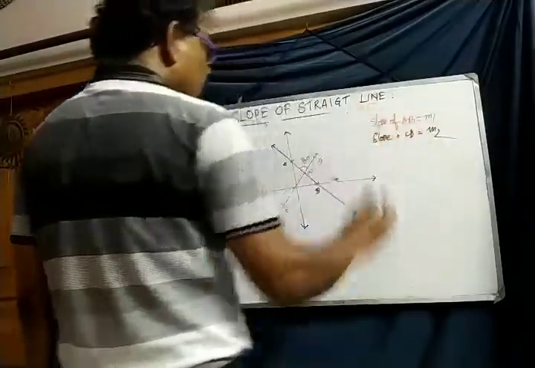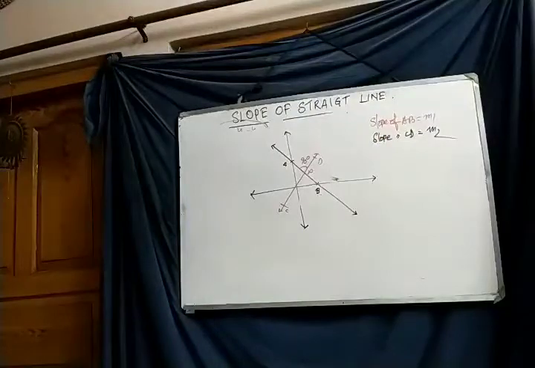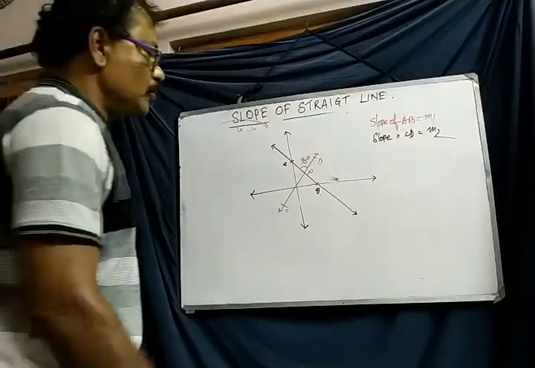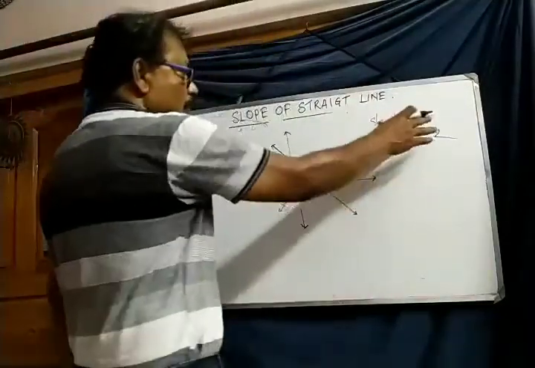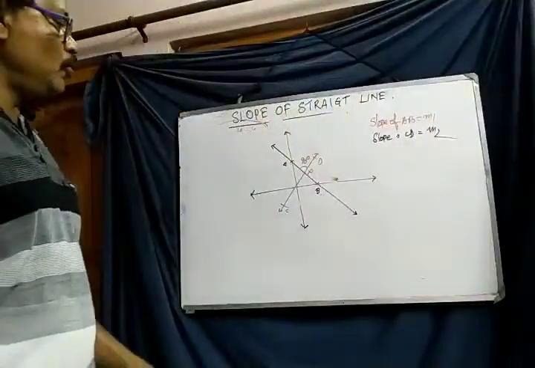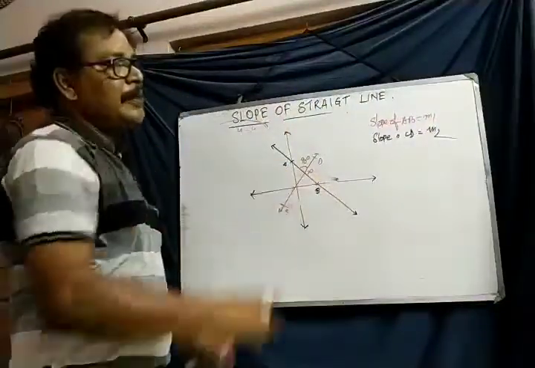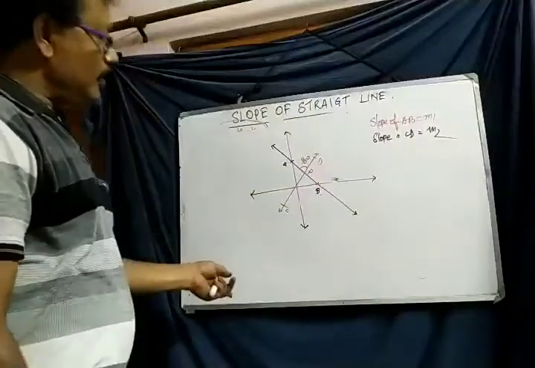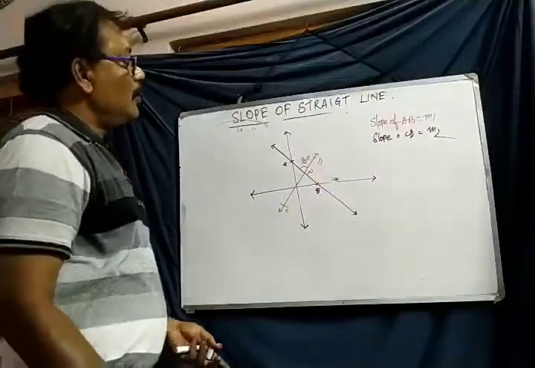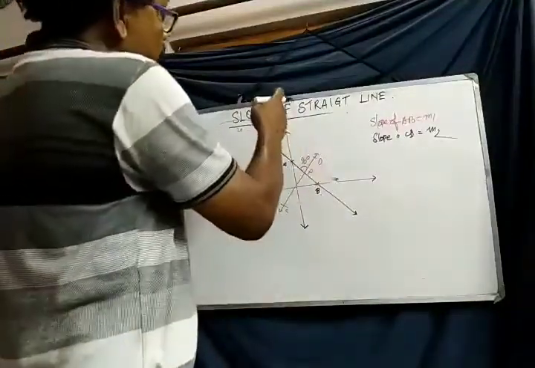Slope of AB is equal to m1 and slope of CD is equal to m2. Then what will be the relation of m1 and m2 for which the straight lines are perpendicular to each other?